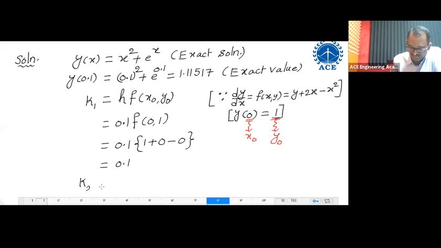Find K2 as well. K2 is equal to h into f of x0 plus h comma y0 plus k1.